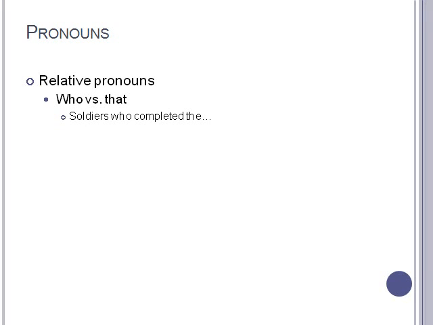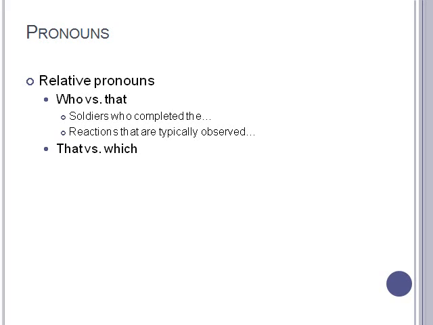The who here is referring to soldiers. It's not soldiers that completed, because soldiers are humans. And then reactions that are typically observed. Even though the reactions may be reactions by people, the reactions themselves are not people. So you don't use who, you use that. Okay? So who for people, that for anything that's not people.